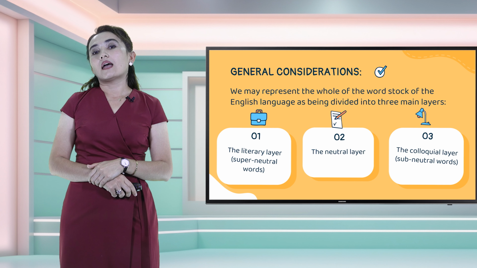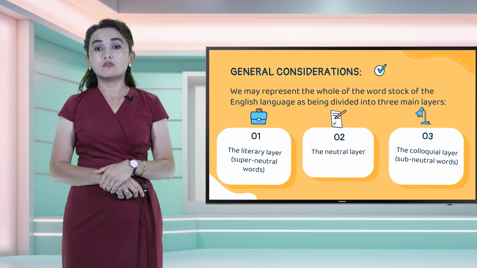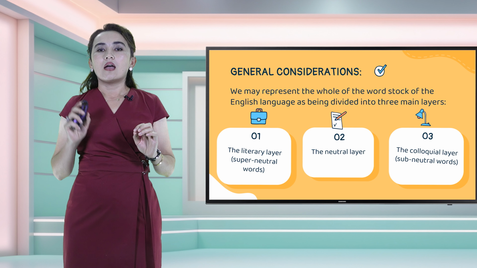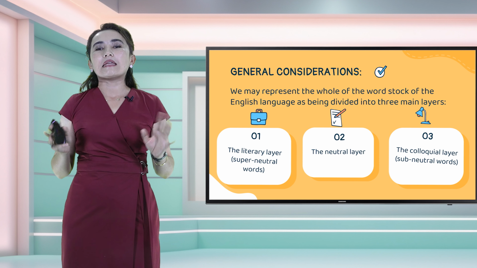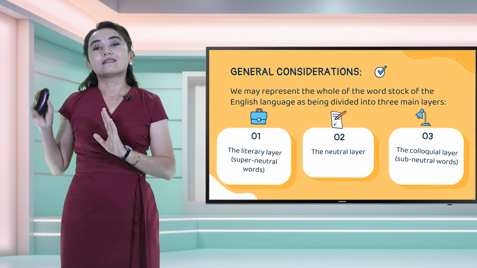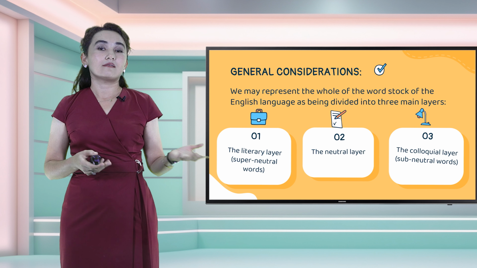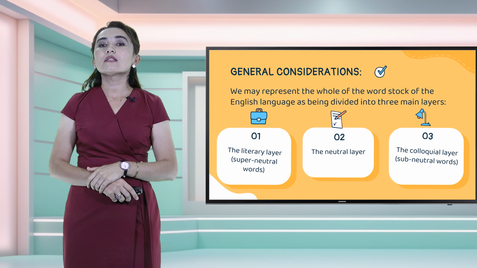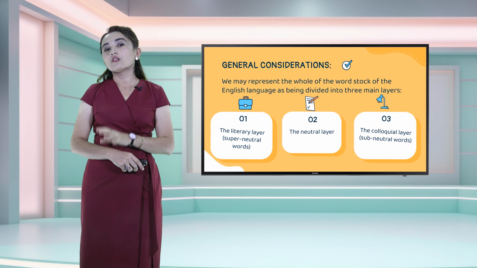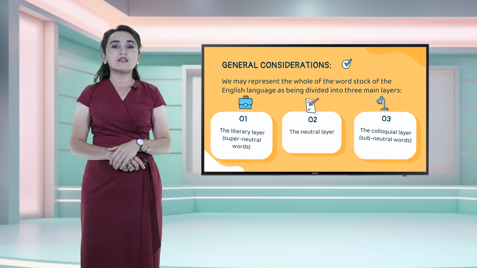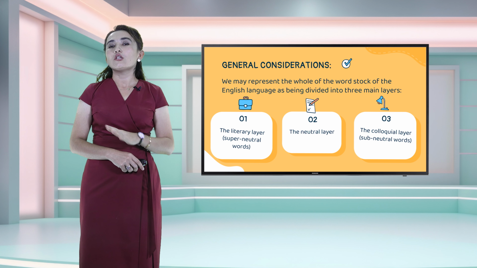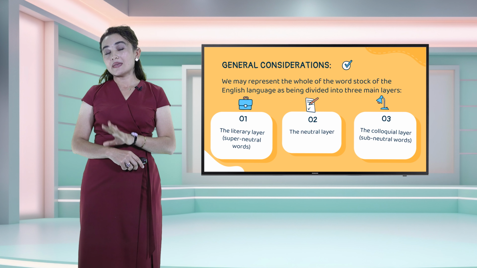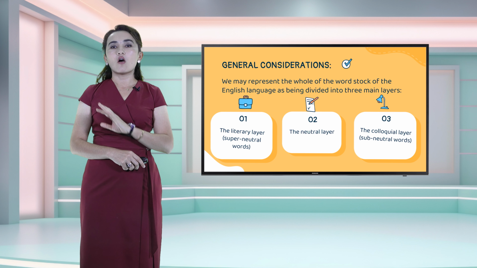If we speak about the neutral layer, the aspect of the neutral layer is its universal character, because the words of the neutral layer can be used as literary and colloquial ones as well. So this universal character means that words belonging to this layer are not restricted in use and can be employed in all styles and all spheres of human communication, which makes this layer the most stable of all.